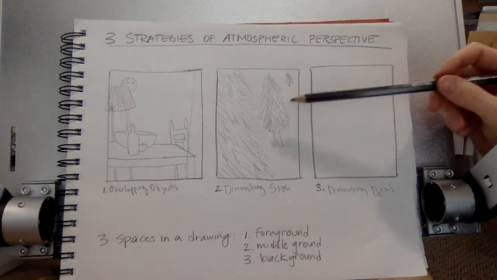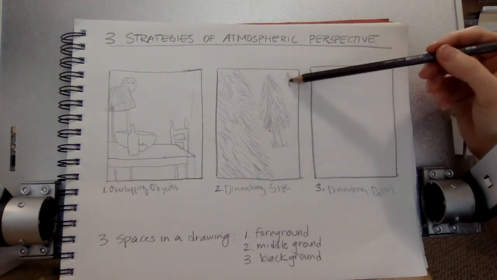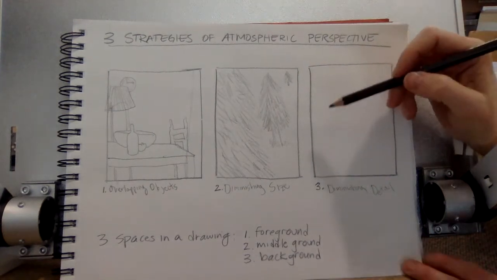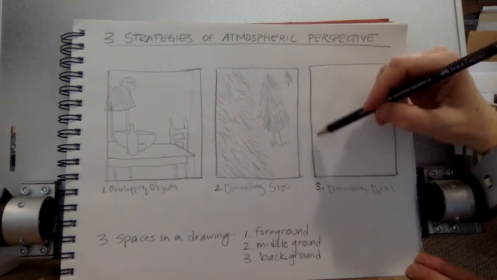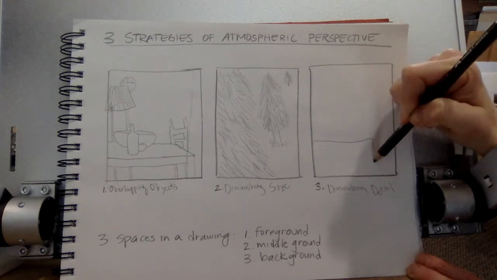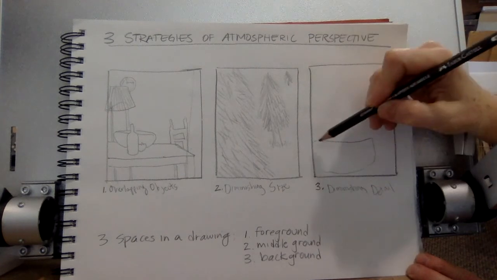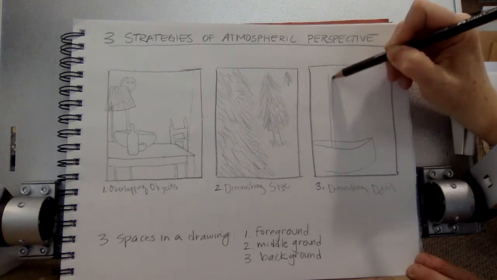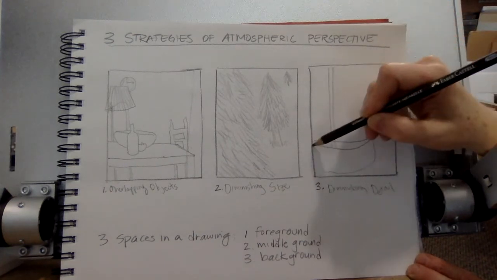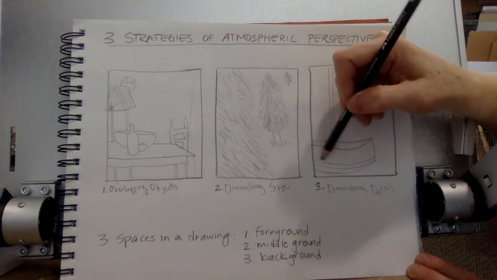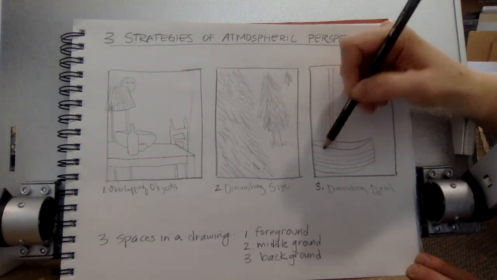So similar to diminishing size, we also have diminishing detail as things get farther in the background, right? So if something's in your foreground or your extreme foreground, like say there's this boat, you're going to see a lot of detail.